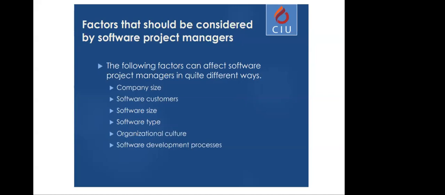Finally, the software development process that is selected also has an effect on how software is managed. As an example, in Scrum, we don't have a specific project manager. We have Scrum Masters, who are at the same level as you, but what they do is manage the activity.